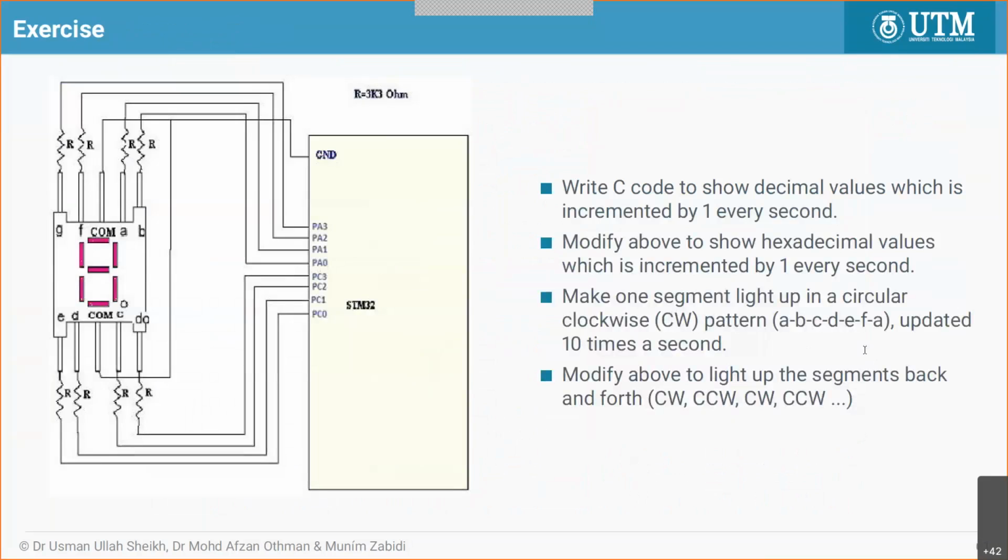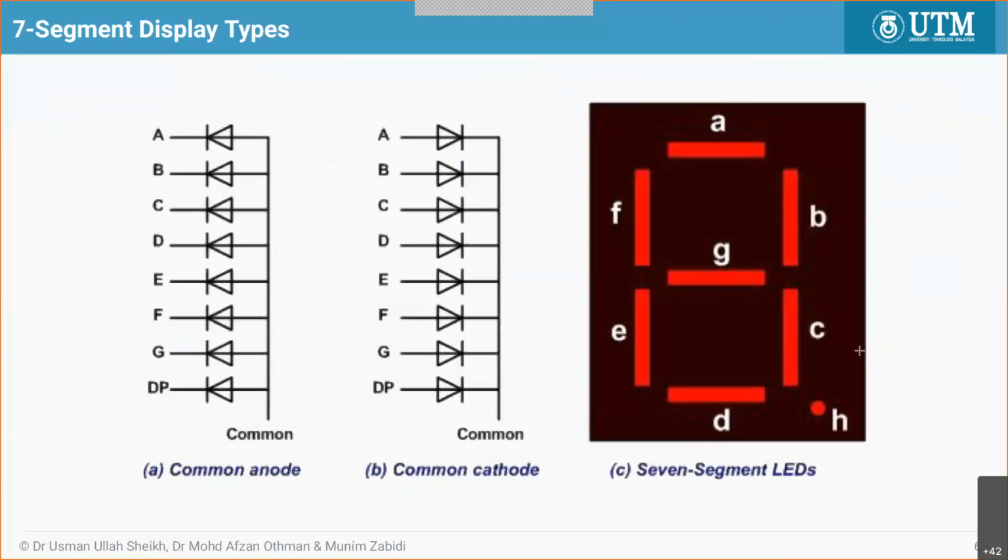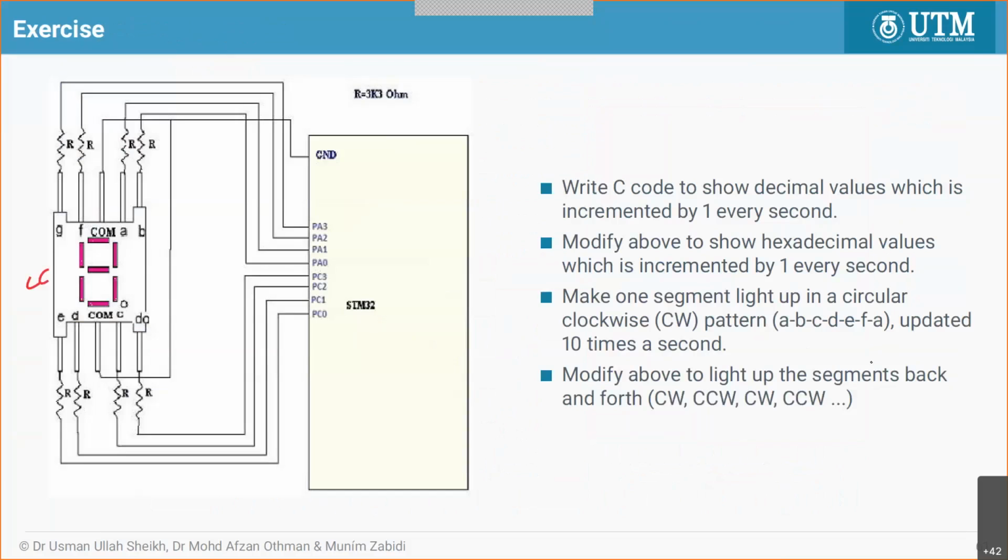So basically, we are using forward wires like this. This one looks like a common cathode type because the common is to the ground. So this one is 1 on, 0 off.